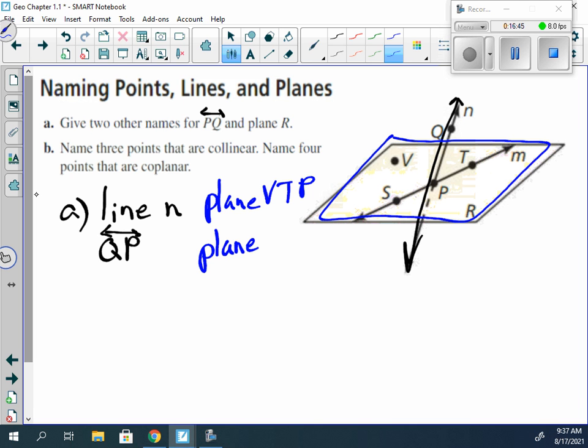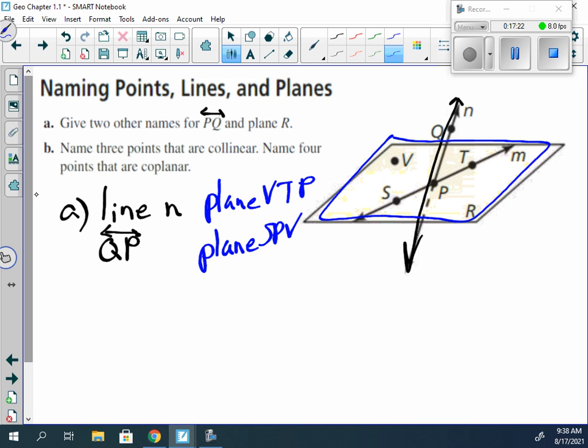That is the one we actually cannot use, because SPT lie on the same line. Where is it? SP what? Yeah, SPV. Because we could be STV, PTV, VTP. Any combination of those 3 letters will work. The only ones that don't work, well, there's 2, is SPT, because that won't work, or any of them that include what point?